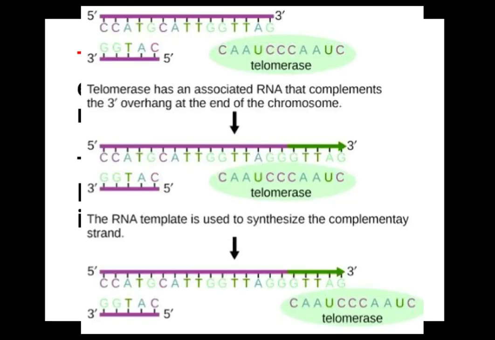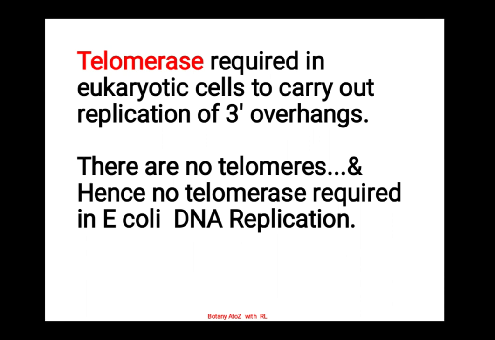The protein component, the enzyme component, uses this RNA strand as template and fills the gap against the 3' end of the parent strand, completing that daughter strand. Because it uses its own RNA as template, in nature it is a reverse transcriptase. Using RNA as template, it synthesizes DNA.